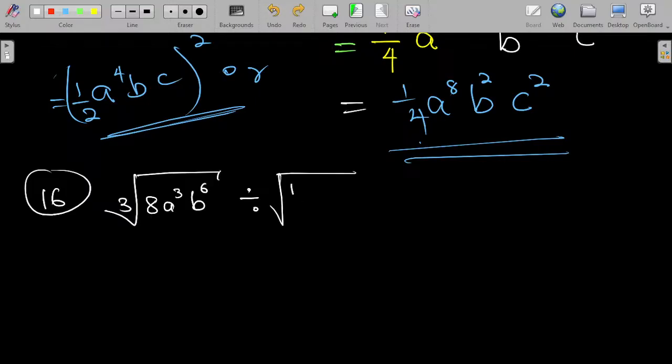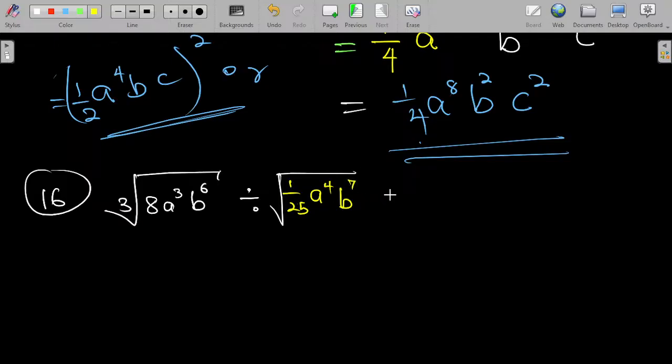Let me use another color here. 1 over 25 multiplied by a to the power of 4, then b to the power of 7.